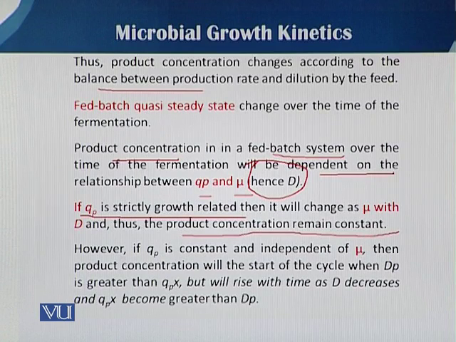As much as the product concentration increases, what happens? Due to the dilution, the volume also increases. As an example, say there is a fermentation vessel with a 5 liter volume and there are 5 organisms, and we add 1 liter of medium, which becomes a 6 liter total volume.